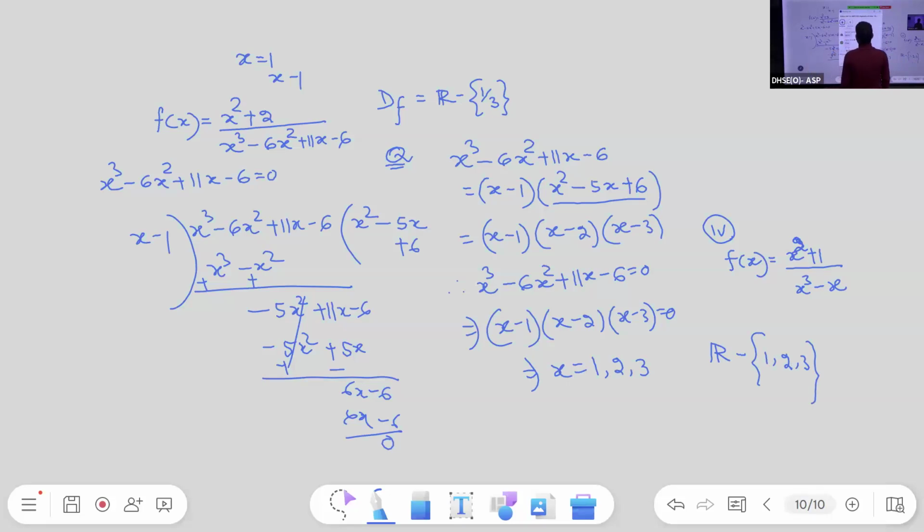Okay, then question number 4. f of x is equal to x square plus 1 upon x cube minus x. Okay. Now solve the equation x cube minus x is equal to 0.